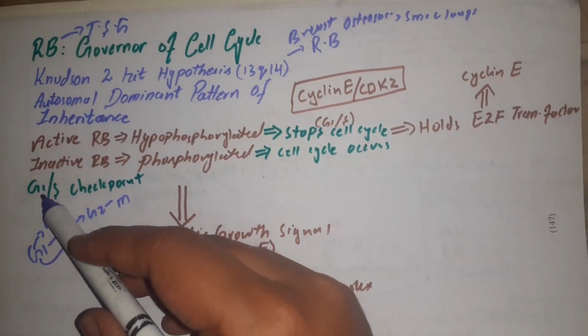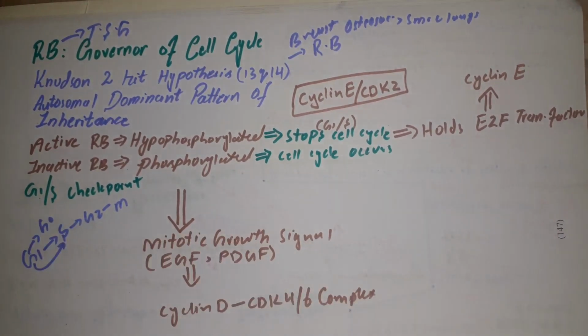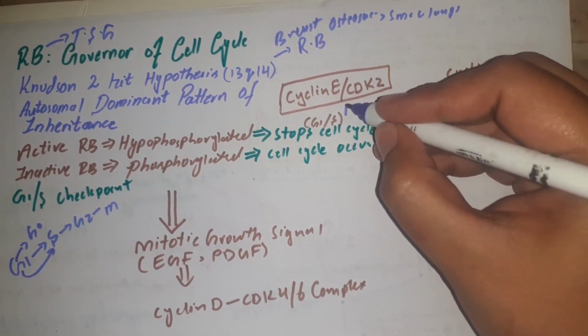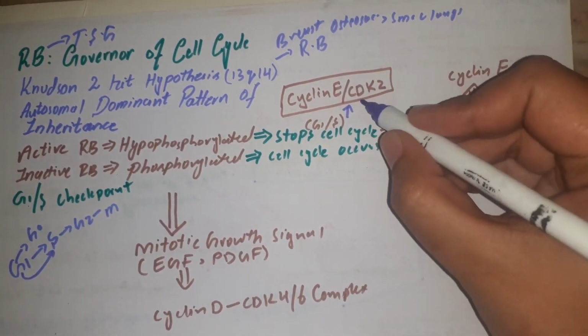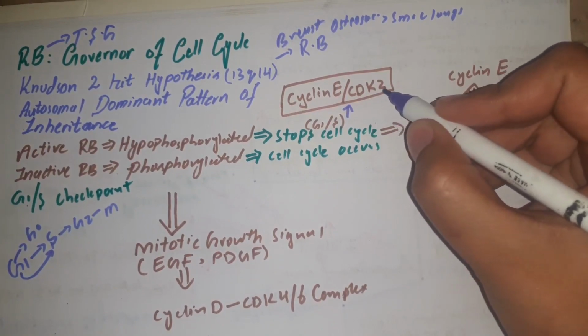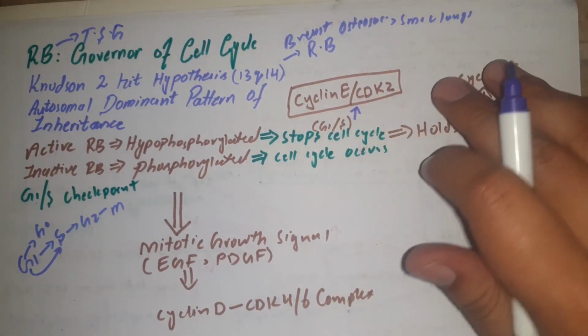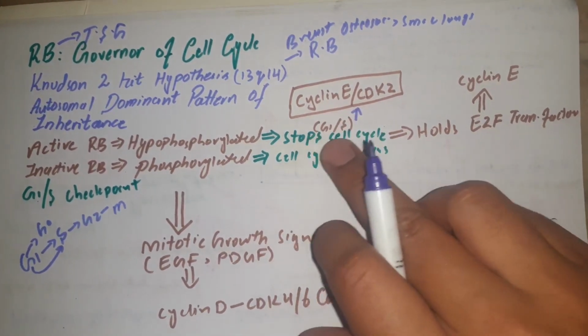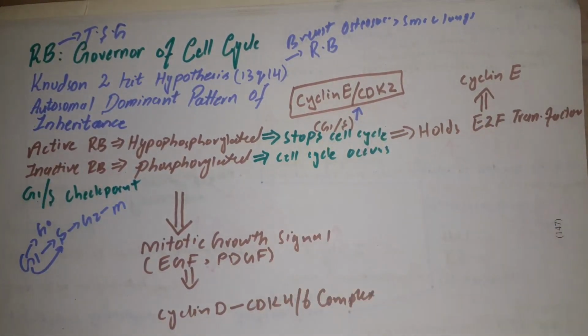The transition from G1 to S phase requires a protein complex called the cyclin E and cyclin dependent kinase 2 complex, or cyclin E CDK2 complex. This complex is mandatory for G1 to S transition. What does retinoblastoma do?